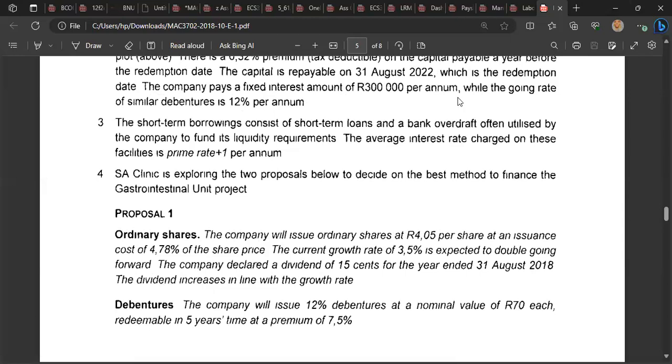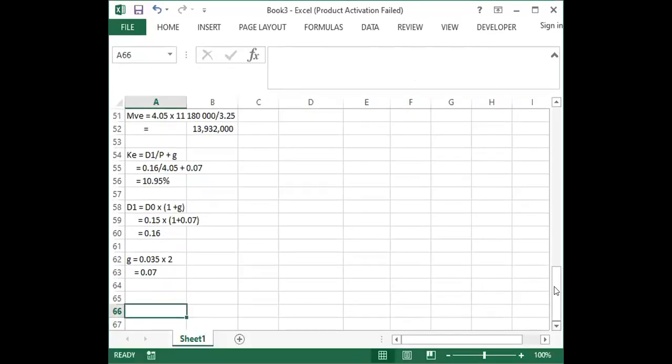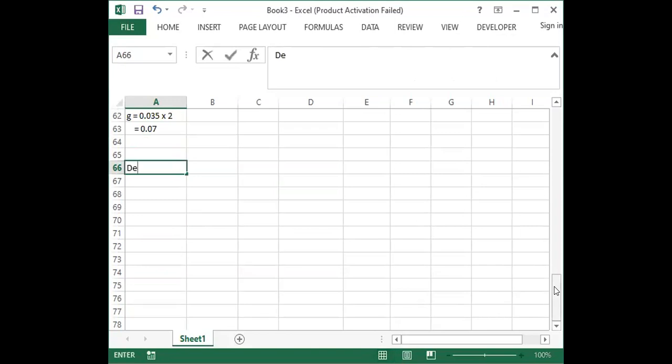All right, let's put that on the sheet there. Try and break it down. Let's just put it up there so maybe it's going to be a little bit clearer. Debentures. KD, which is basically the market value of a similar debenture.